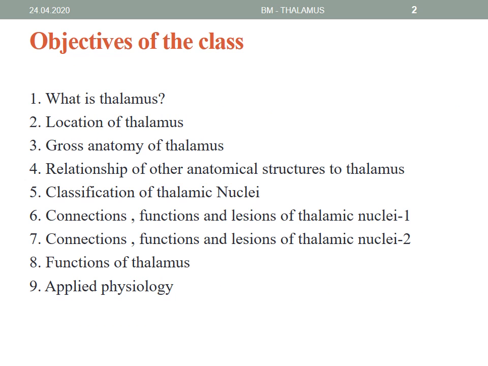Objectives of this class will be to know what is thalamus, location of thalamus, gross anatomy of thalamus, relationship of other anatomical structures to thalamus, classification of thalamic nuclei, connections, functions and lesions of thalamic nuclei, the specific functions of the thalamic nuclei and applied physiology.